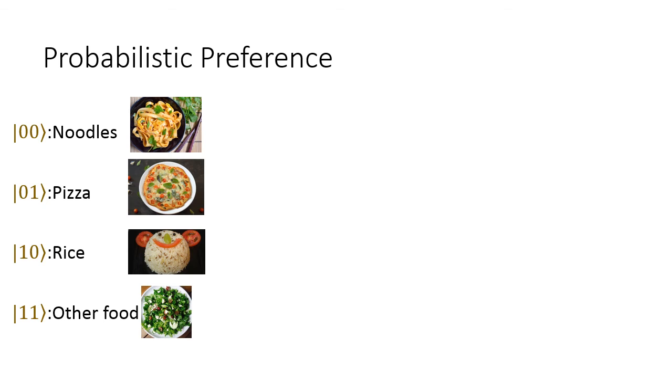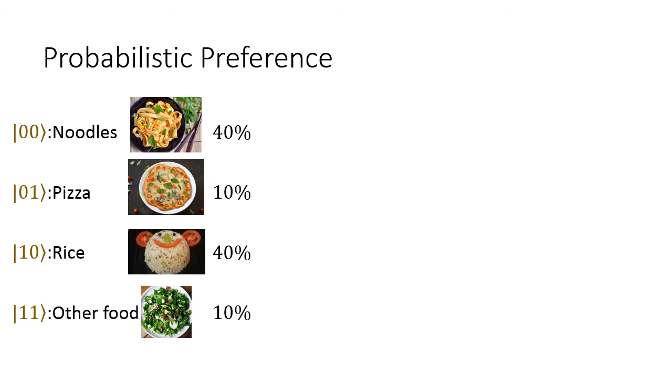Besides, using 2 qubits, Bob may save some time deciding what to eat tonight every day, because suppose he has a preference.